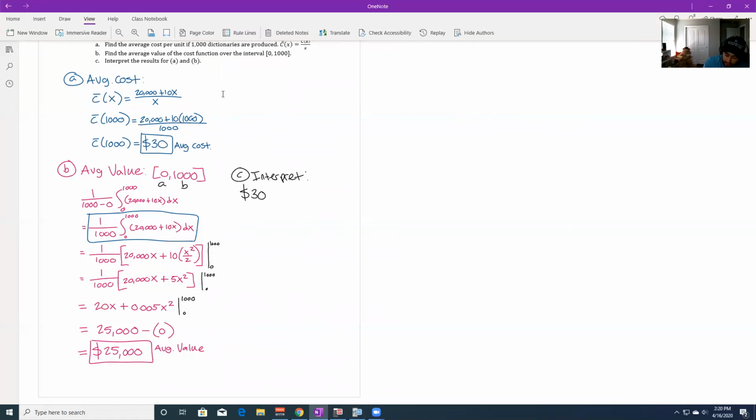Average cost per book, I'll put cost, not price. And then the 25 large is the average cost for producing 1,000 dictionaries.